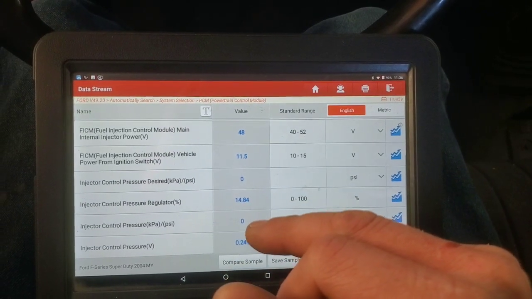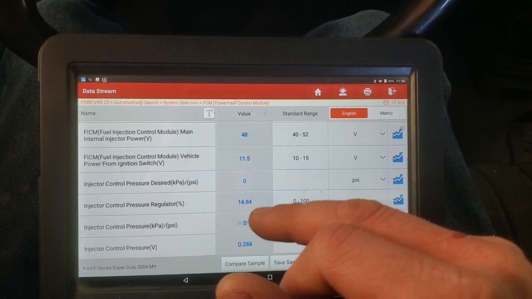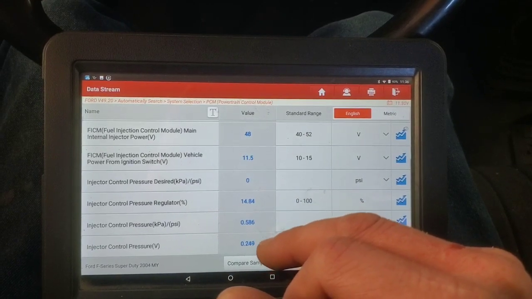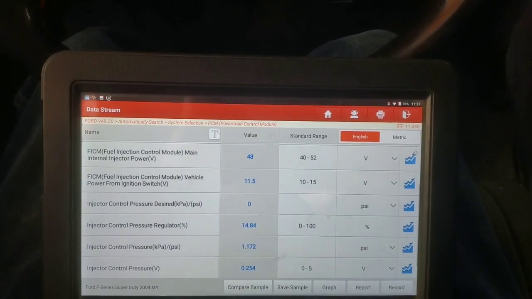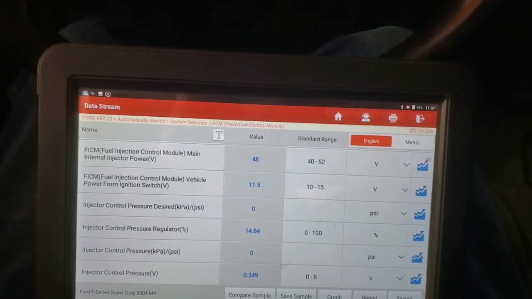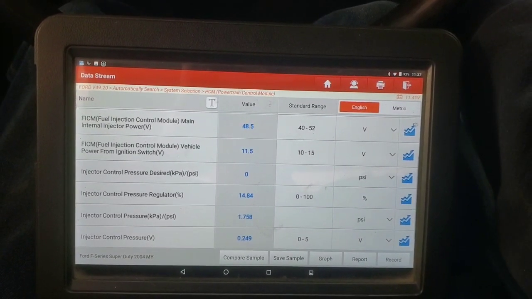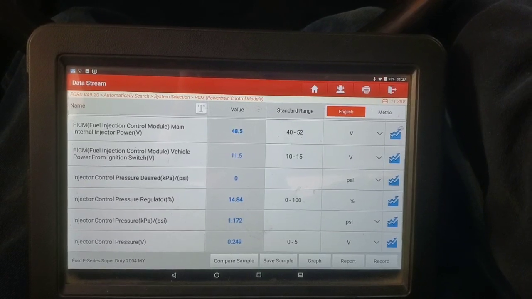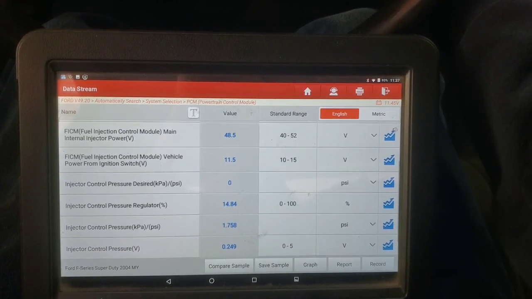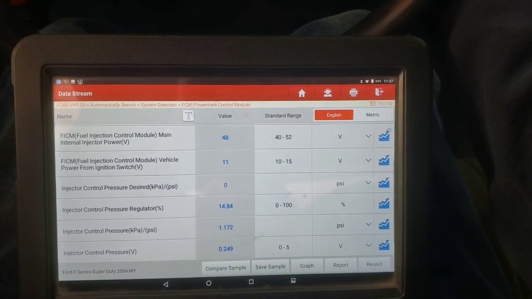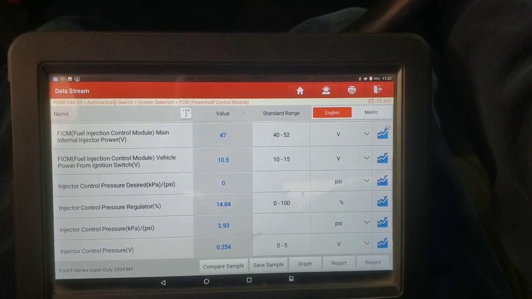And then we didn't see this one, and we didn't see this one, but let's see what we saw. The desired, what it wanted. And we'll just cycle this key again and give it another shot and see what that injector ICP pressure actually is. Second one from the bottom.